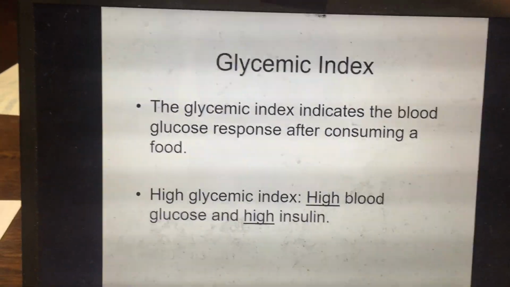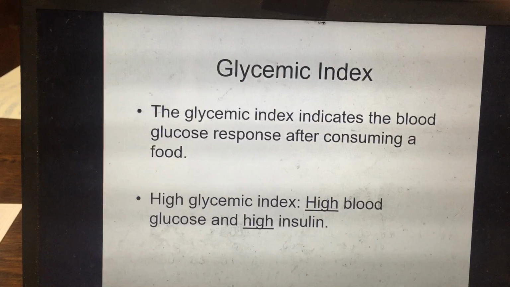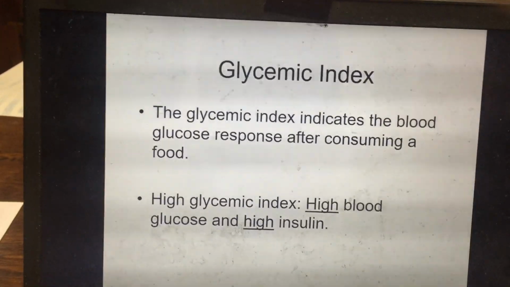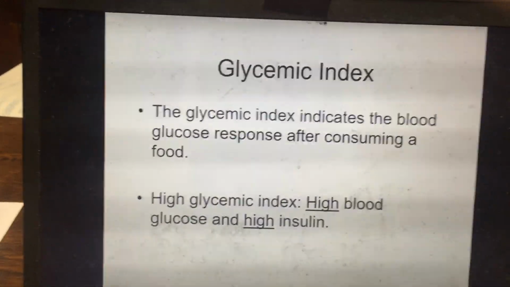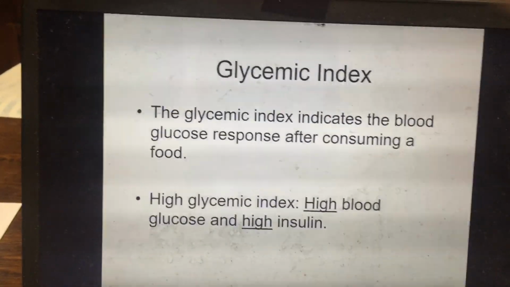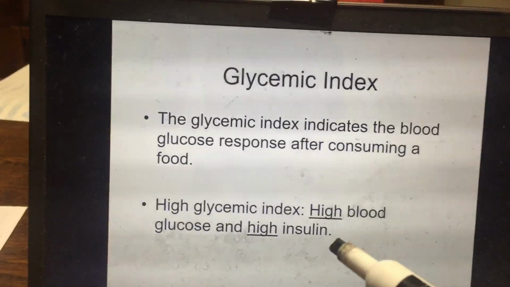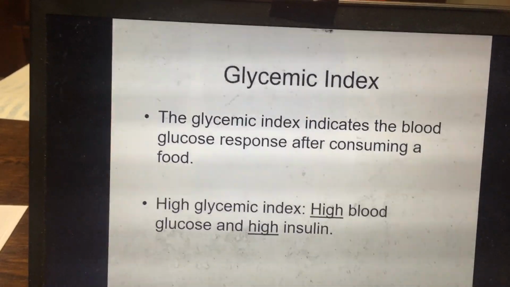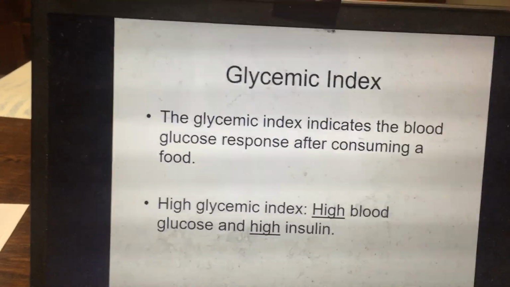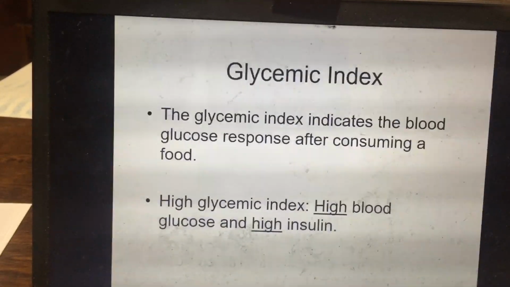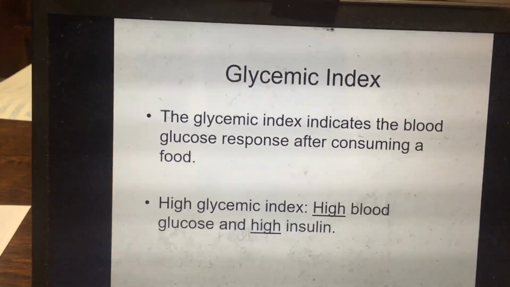So some sports nutritionists recommend consuming low glycemic index foods before doing exercise, especially endurance exercise, because the lower blood glucose response will result in a lower insulin release, greater fat oxidation, and less carbohydrate oxidation. And that would allow sparing of muscle glycogen during your exercise session.